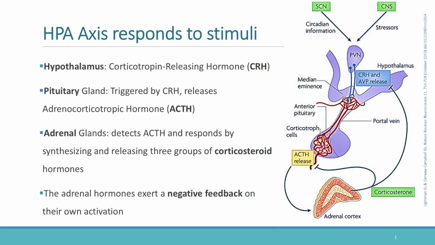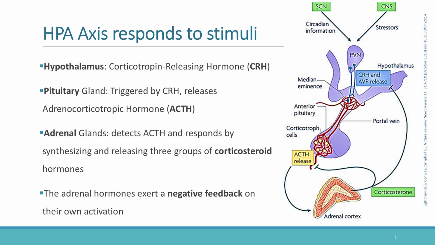The hypothalamic pituitary adrenal axis regulates glucocorticoid secretion. Stress, circadian rhythm, inflammation, and other stimuli activate the hypothalamus, which releases corticotropin-releasing hormone, or CRH. CRH stimulates the anterior pituitary to release ACTH, and ACTH stimulates the adrenal cortex to synthesize corticosteroids.